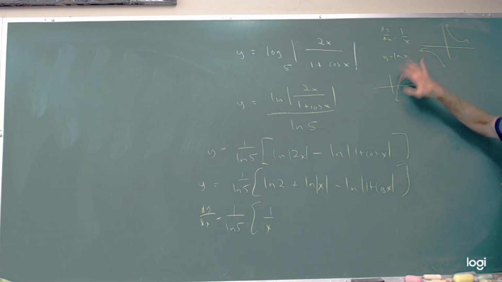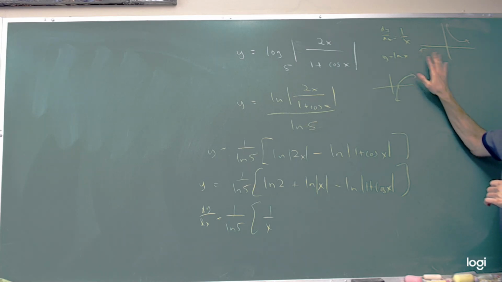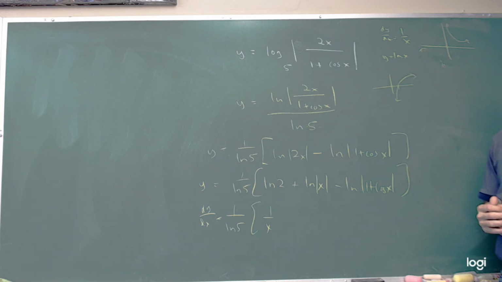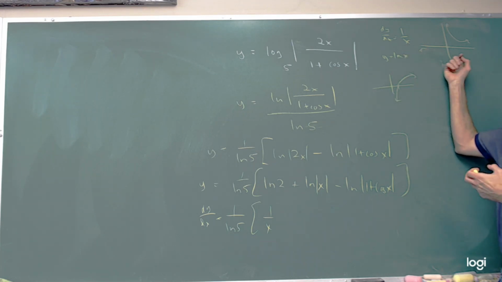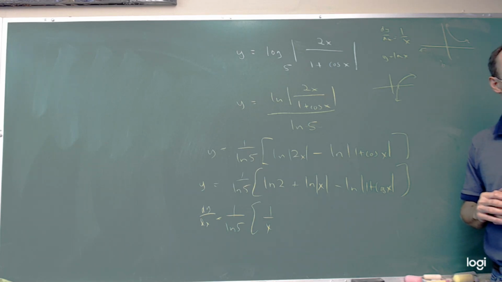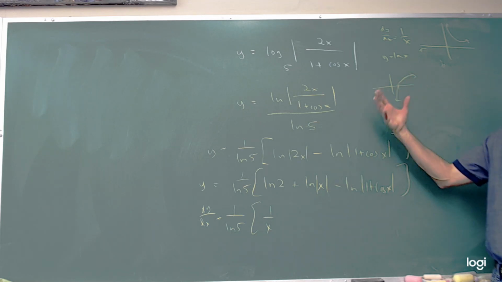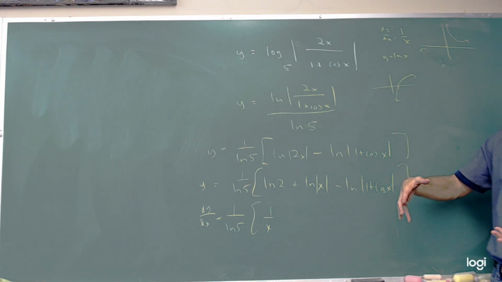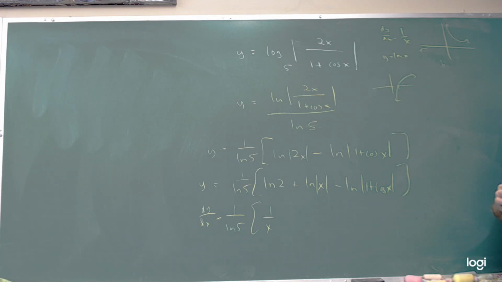You can't gain domain through differentiation. So you just get 1 over x with the restricted domain. When you put in the absolute value, now you extend the domain of the natural logarithm so that it matches the domain of 1 over x.